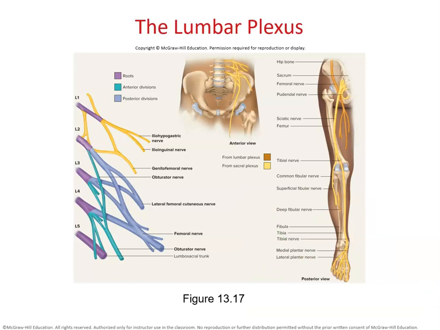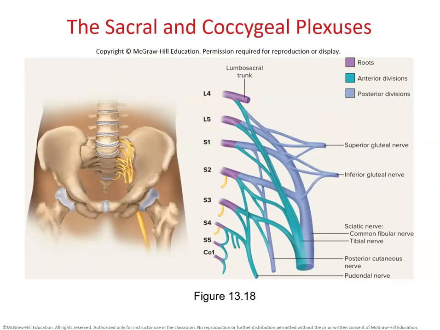So looking here for a minute at the lumbar plexus, okay, so we can see the roots here are in purple, and then the anterior divisions are in kind of the turquoise color, and the posterior divisions are in the darker blue color. And then here we have the sacral and coccygeal plexus, so associated with L4, L5, sacral, and coccygeal.